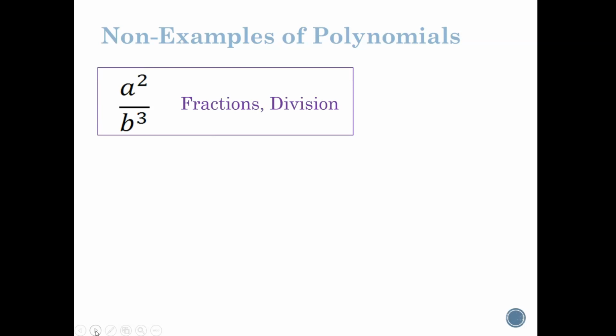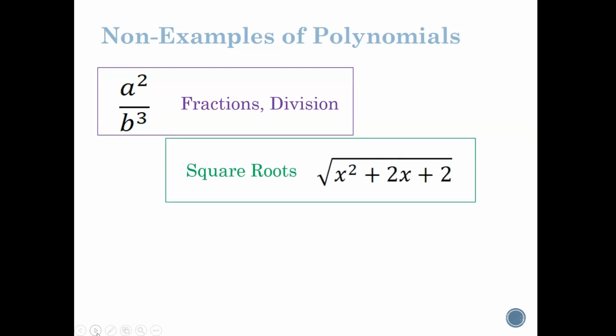So, non-examples of polynomials include fractions and division, where the base is a variable, because remember, we can have the base being a number. Square roots are not polynomials.